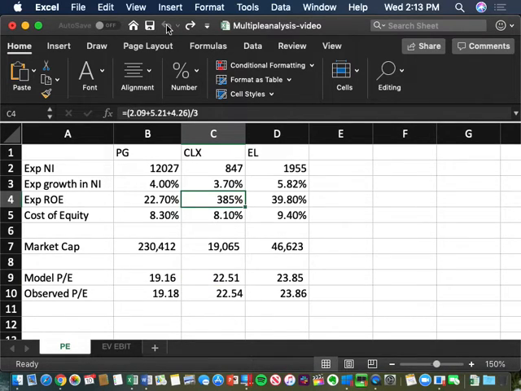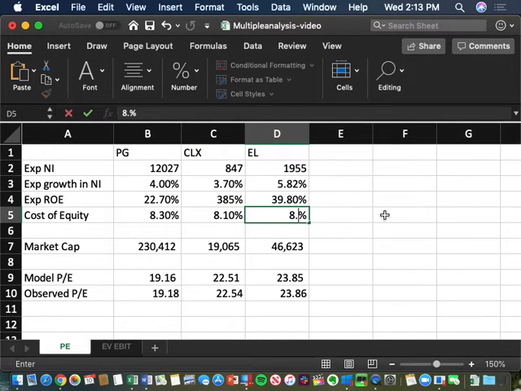Now, there's one other factor that is basically hurting Estee Lauder's extra growth rate, which is there's two parts to the discount. One is the spread, but the other is the absolute WACC or cost of equity that we're discounting the cash flow based on. Estee Lauder's cash flows are being discounted at 9.4%, Clorox at 8.1%. Watch what happens if Estee Lauder had the same discount rate as Clorox.